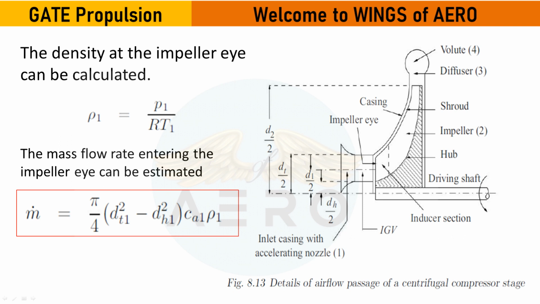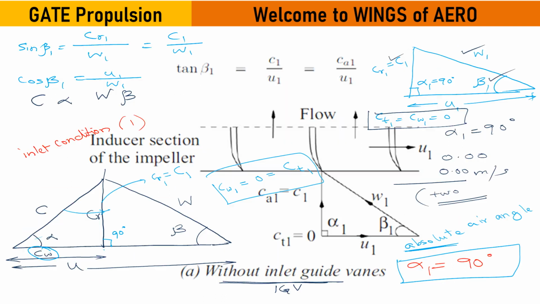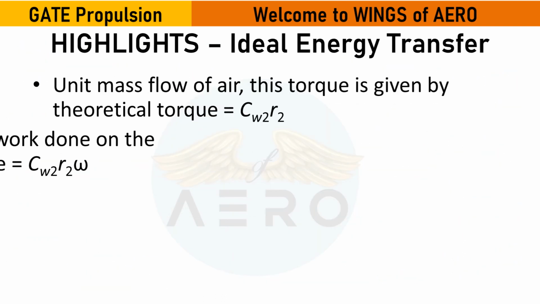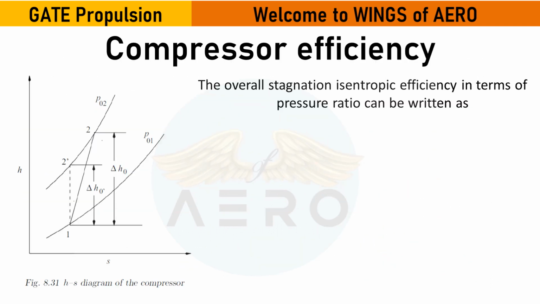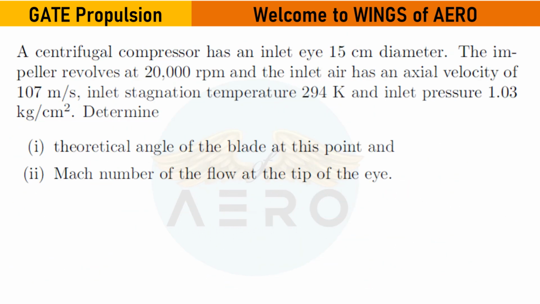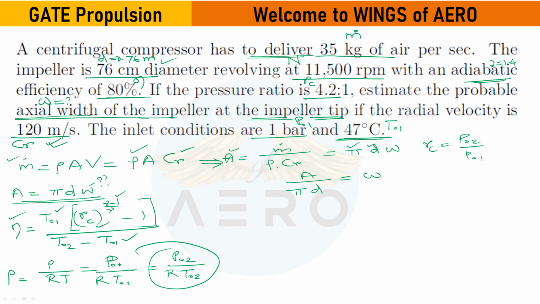Tip is at the exit. Hub or the inlet they have mentioned is the entrance. So this thing you have to ensure. Alright, is it clear now why you have to use 2? These are the important things actually.